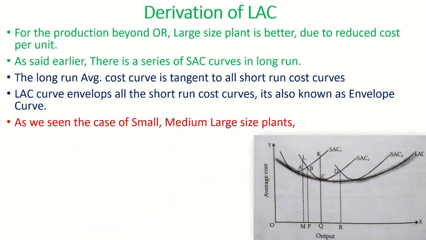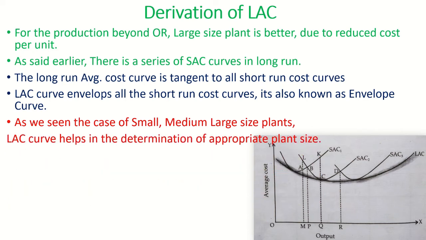As we see in the case of small, medium, and larger plants, the LAC curve helps in the determination of appropriate plant size. So we have seen the case of the production of OP units. We have two options, the smaller plant and the medium plant. But we saw that for the production of output up to OP units, the smaller plant is preferred because the AC is very low.